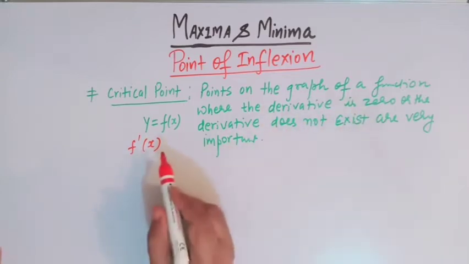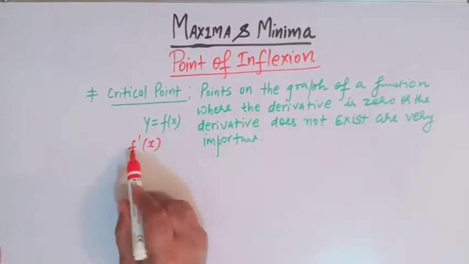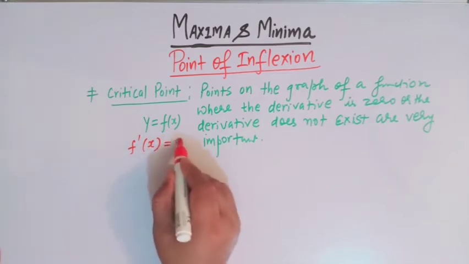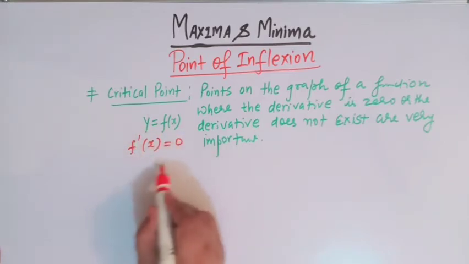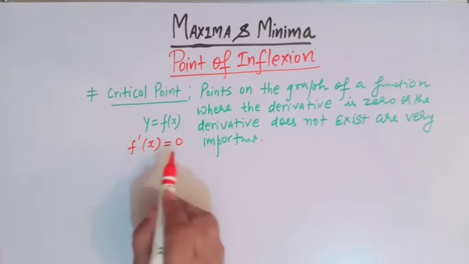Now if the derivative is equal to 0, then from here we find the critical points.